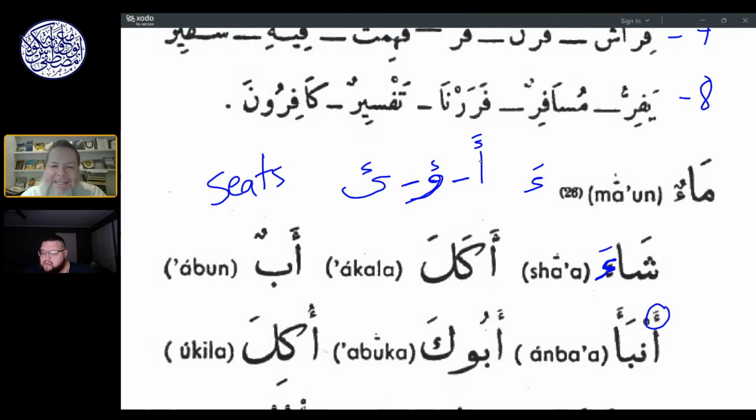Why does it stand on an aleph? Because there's a fatha either on it or before it. Why is it on a wow? Because there's either a dhamma on it or before it. And why is it on a ya? Because there's a kasra on it or before it. You understand? Just like the long vowels, the fatha goes with the aleph, the dhamma goes with the wow, and the kasra goes with the ya.